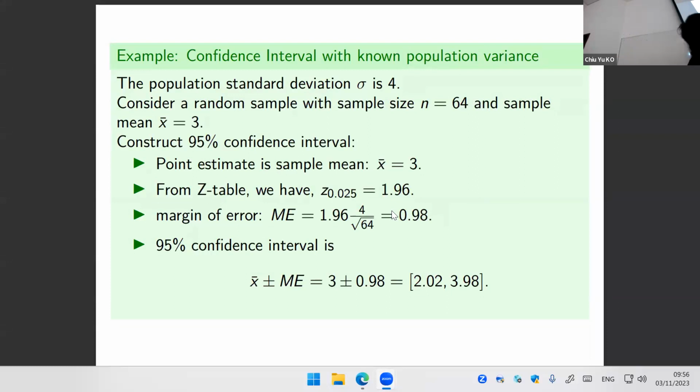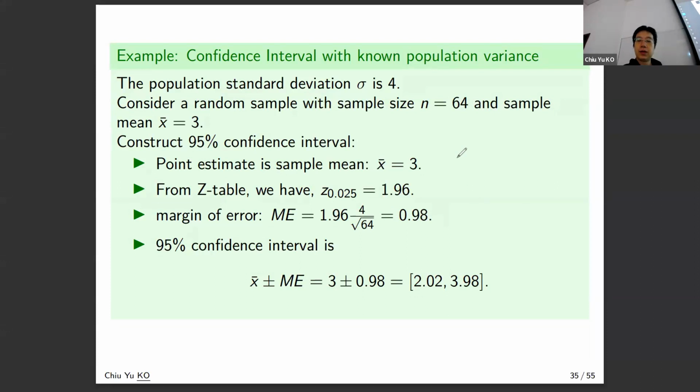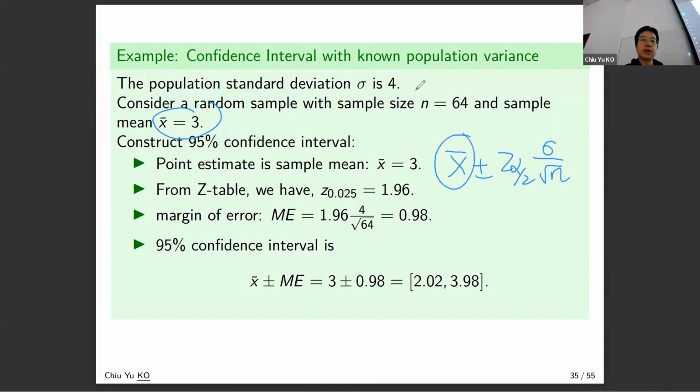In this example, I'm not going line by line again, but this is just X bar plus or minus Z alpha over 2 times sigma over root n. X bar is 3, you just put it in here, and n is 64. Sigma is given here, and the confidence level is 95.